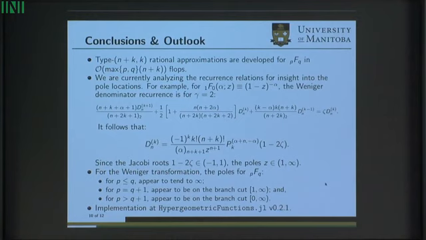So based on the Jacobi roots being in [-1, 1], we know exactly where the poles are, and we can prove that they're on the cut, even though these are not Padé approximants. And then we also have this intuition that we're still working on.